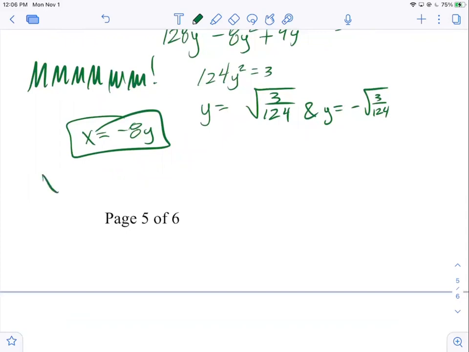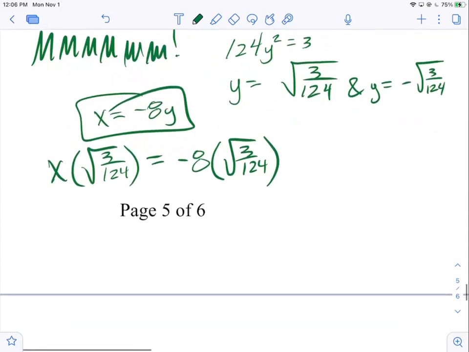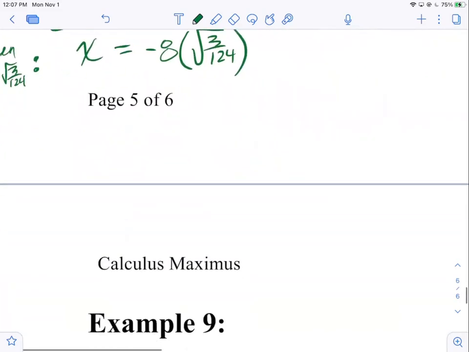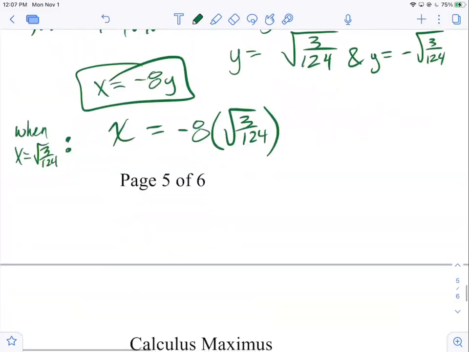You could treat it like function notation, x of the square root of 3 1/24. That's not multiplication. It's going to equal negative 8 times the square root of 3 1/24. Now, because we're not used to that notation, I wouldn't say x of. What I would usually do is say, when x equals positive square root of 3 1/24, colon, and then say x equals, and that's going to be your x value, negative 8 times that.